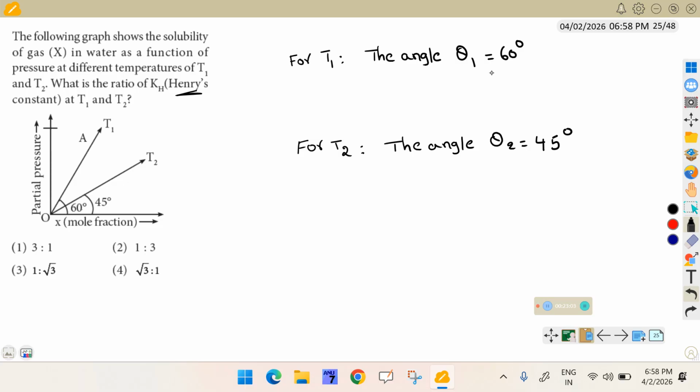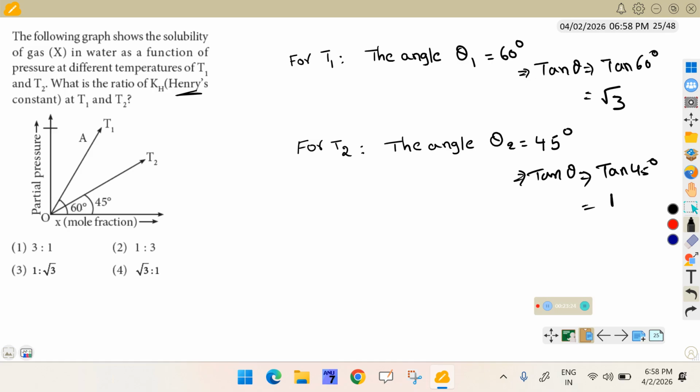The slope is tan theta, tan 60 degrees, whose value is root 3. At the second temperature T2, the angle is 45 degrees. Tan 45 degrees value is 1. So the ratio is root 3 to 1. So the fourth option is correct.